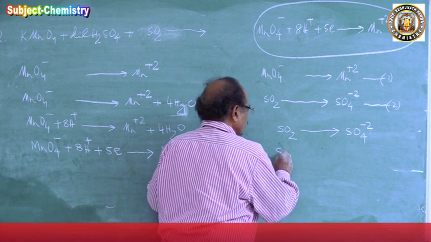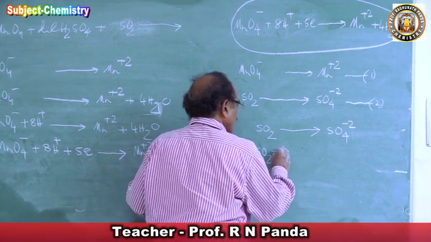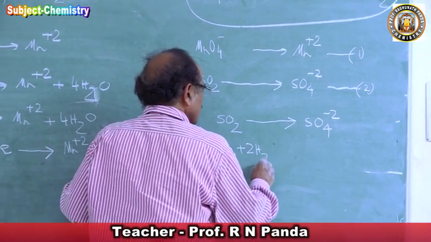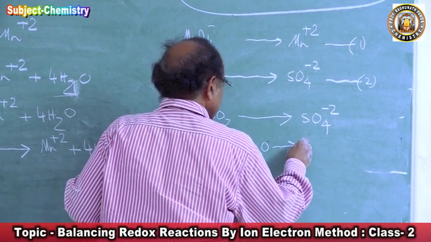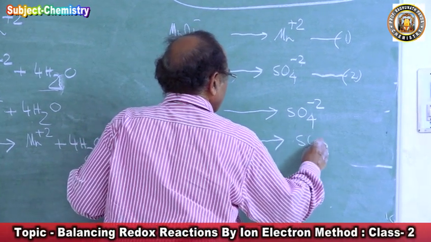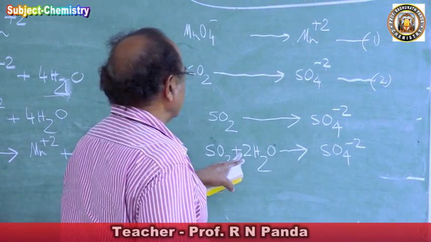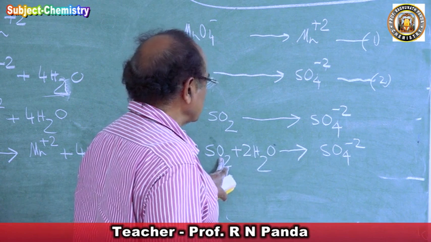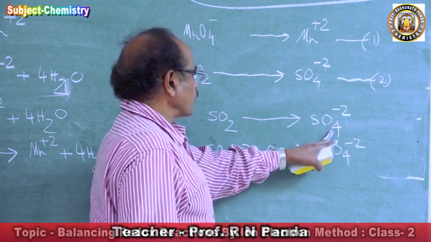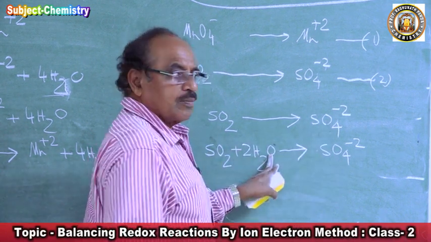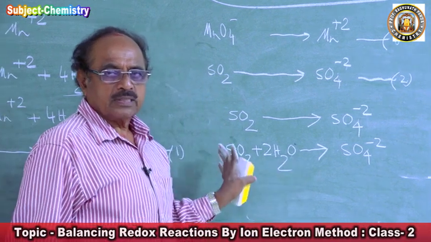So we'll have SO2 plus 2 water will give us SO4 minus 2. So to balance the 4 oxygen, we added 2 water molecules. So we got oxygen balanced.